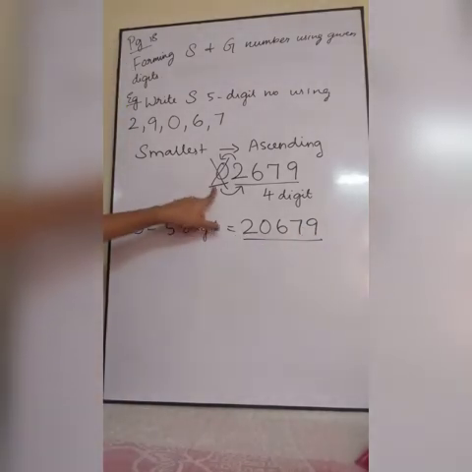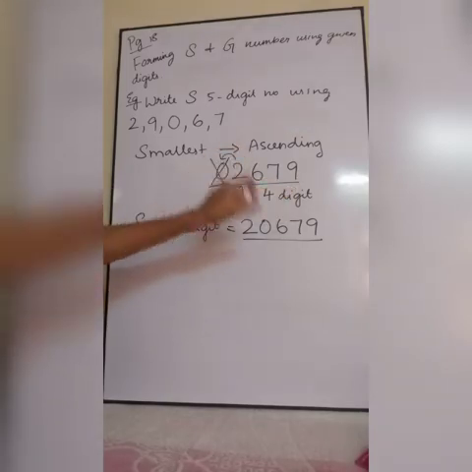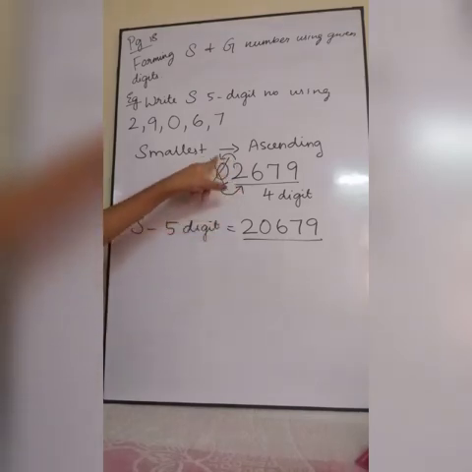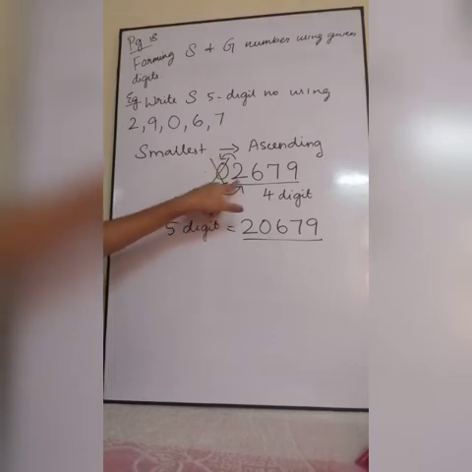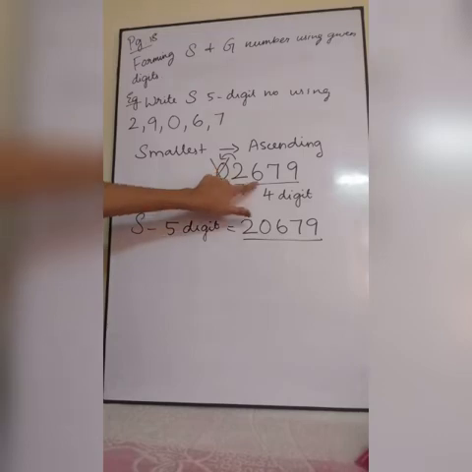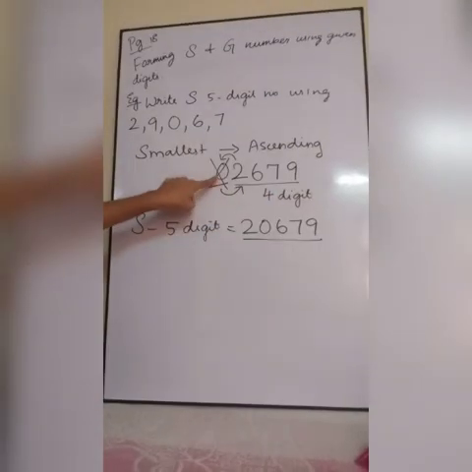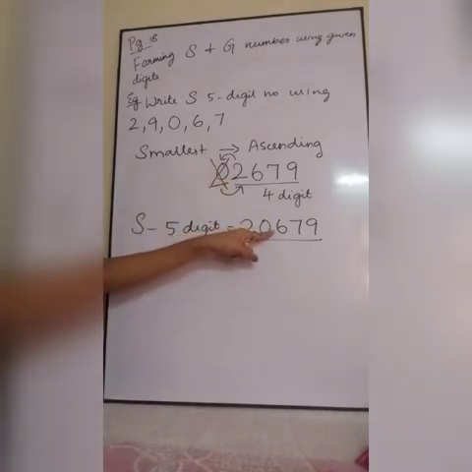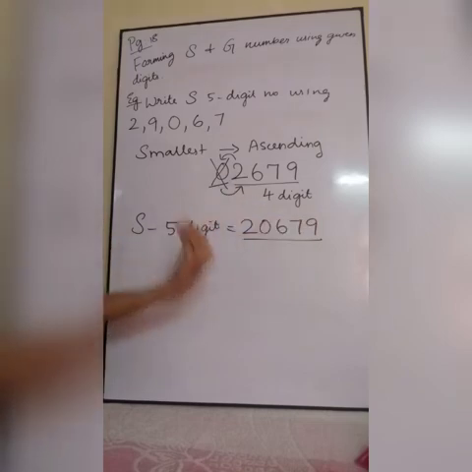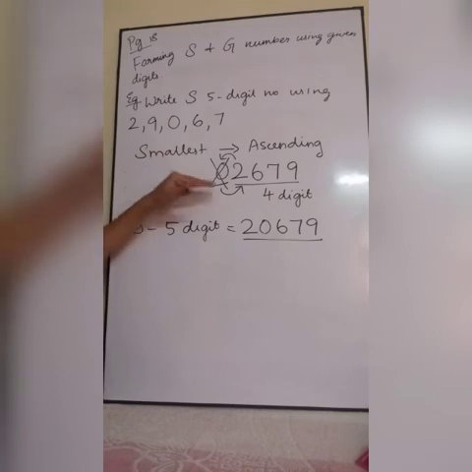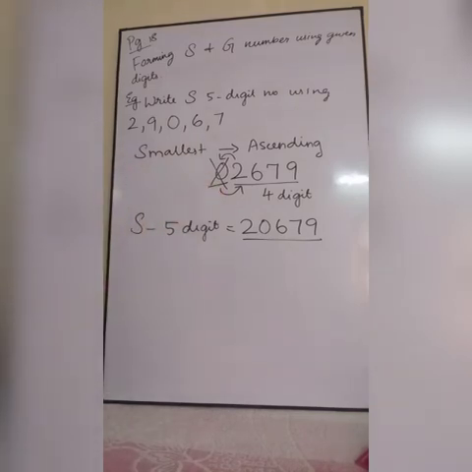Only the first and second numbers should be exchanged always, not the others. So 2 will come in front, 0 will go to that side. 2, 0, 6, 7, 9 is the smallest 5-digit number you can get with these digits. Always, a 0 on the left side has no meaning. It is a general concept.